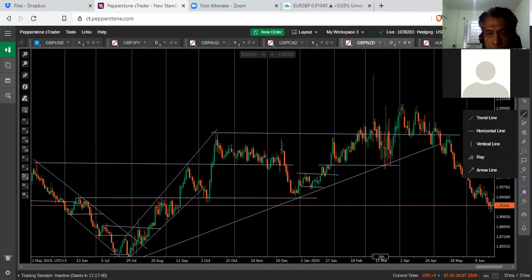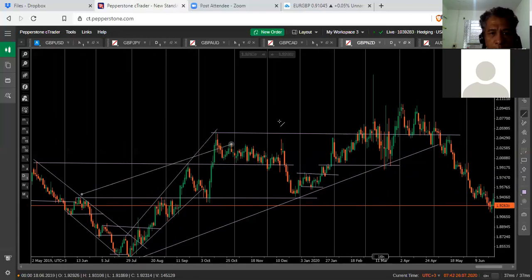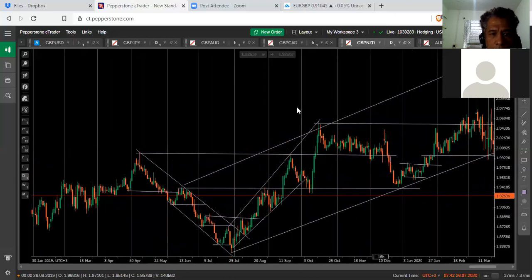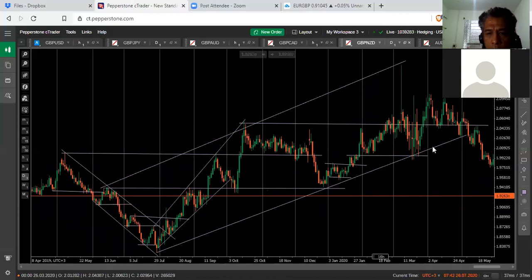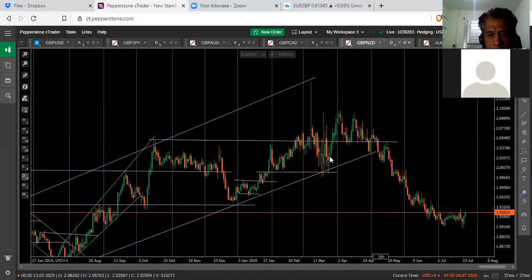If we are going to draw a trend line right here, from here going up, we can see channels right here. So in this area, we can see a good reversal setup. 1, 2, 3. First attempt of the bear to pull the market down, second attempt to pull the market down, and the third attempt.